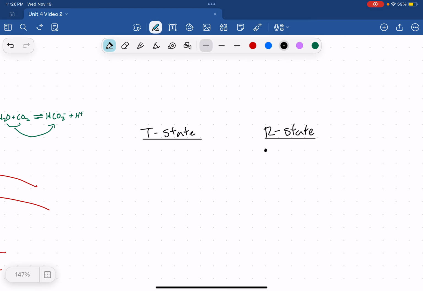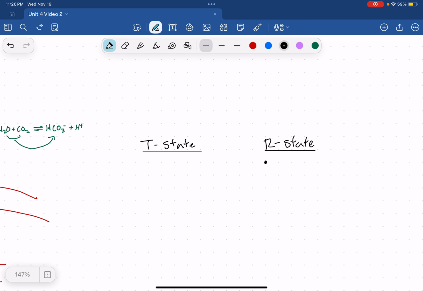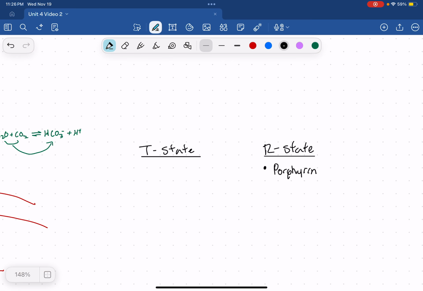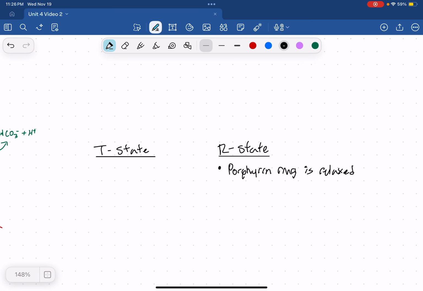Now let's come back here. In the R state of hemoglobin, the porphyrin ring is relaxed, and that means that oxygen can bind to the iron core, right?